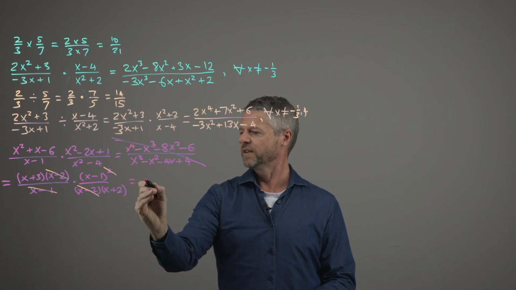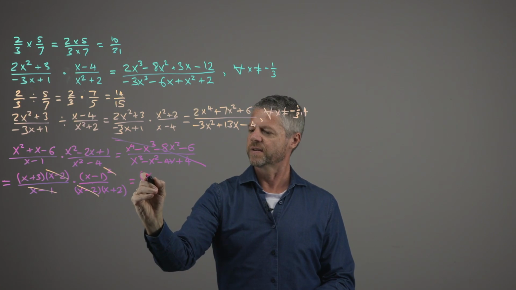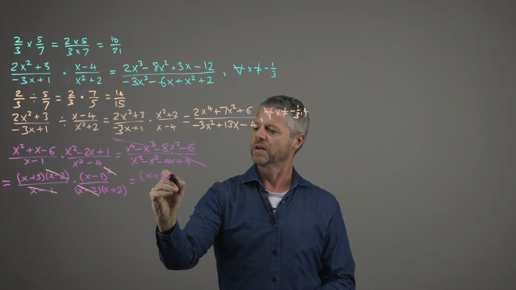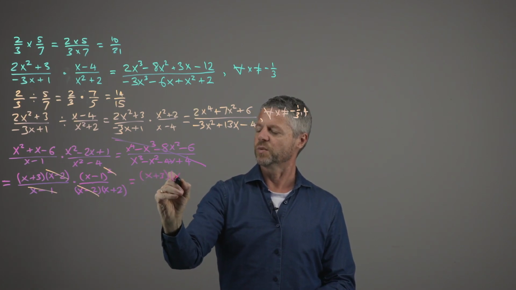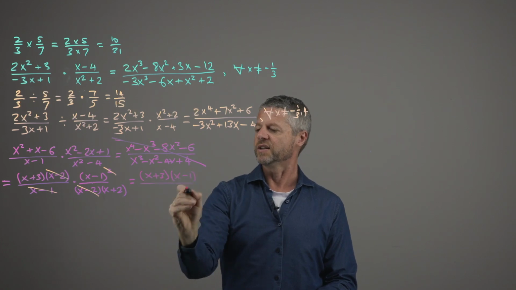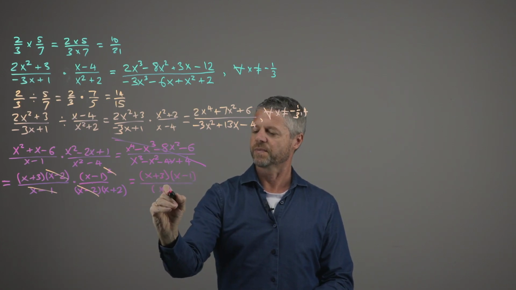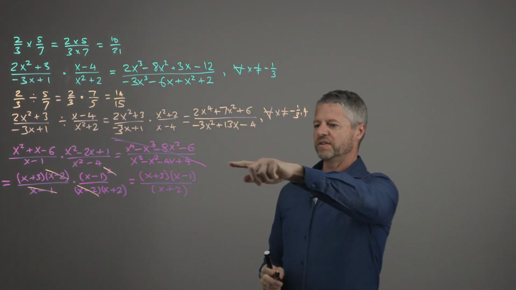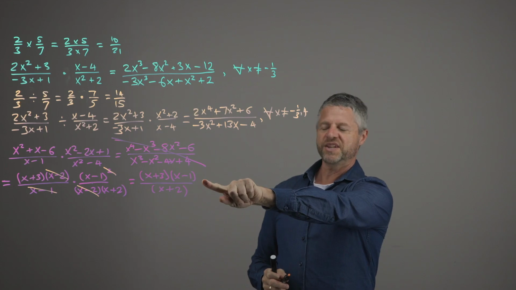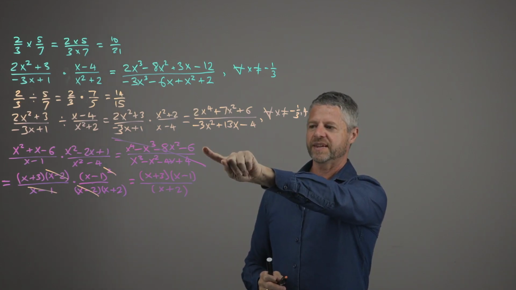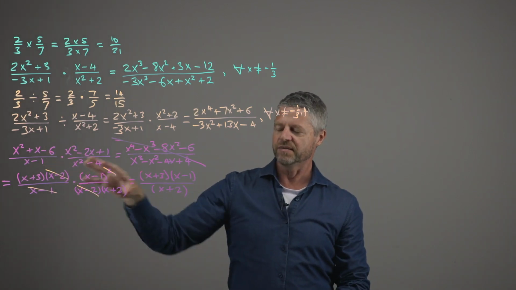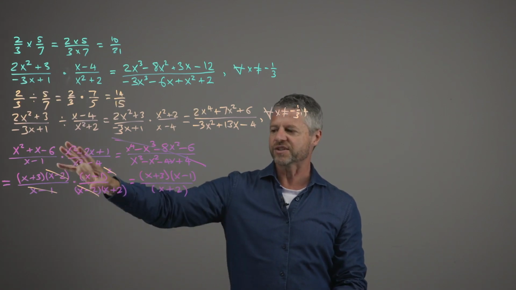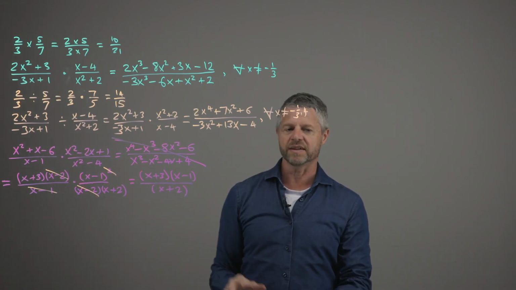I've got x plus 3, and I've got x minus 1, and then in the denominator I've got x plus 2. So this answer is much easier to deal with than this one. And so just by thinking ahead and doing some factoring, I ended up with an easier final result.